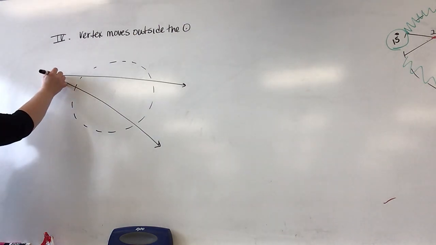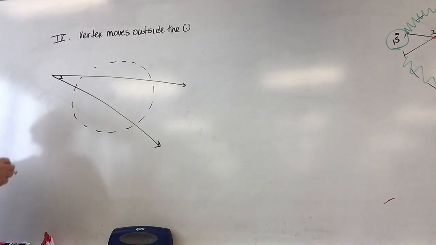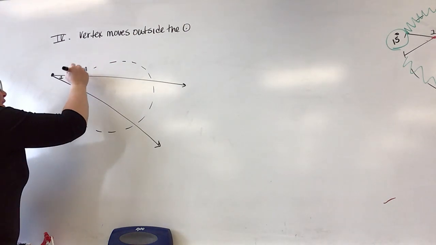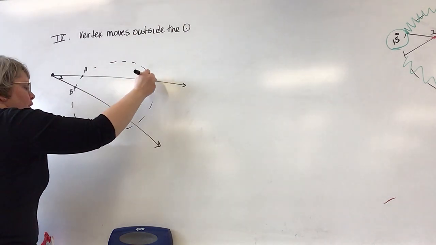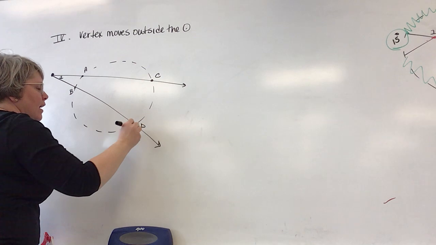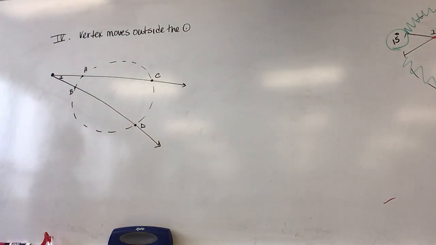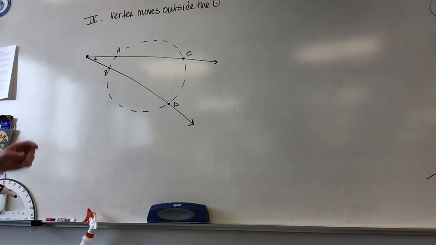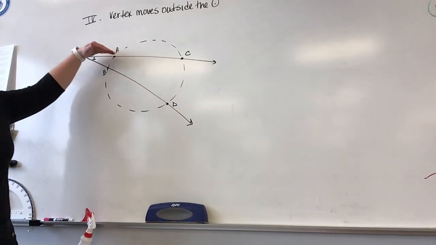Angle 1, or x, or whatever, is outside. The vertex is way outside the circle. Put some letters A, B, C, and D. Okay, since the vertex is outside, do you see that its sides are intersecting the circle 2 times?